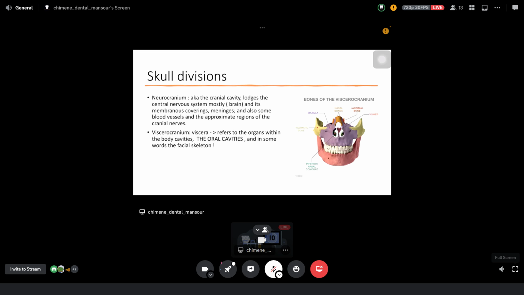Cranial nerve 9, the glossopharyngeal. It innervates the muscles that are involved in swallowing and tasting. Cranial nerve 10, the most popular one that we saw in the beginning of this semester, the vagus nerve. It goes to the guts, the GIT, the gastrointestinal tract, the heart, and the lungs. All right?